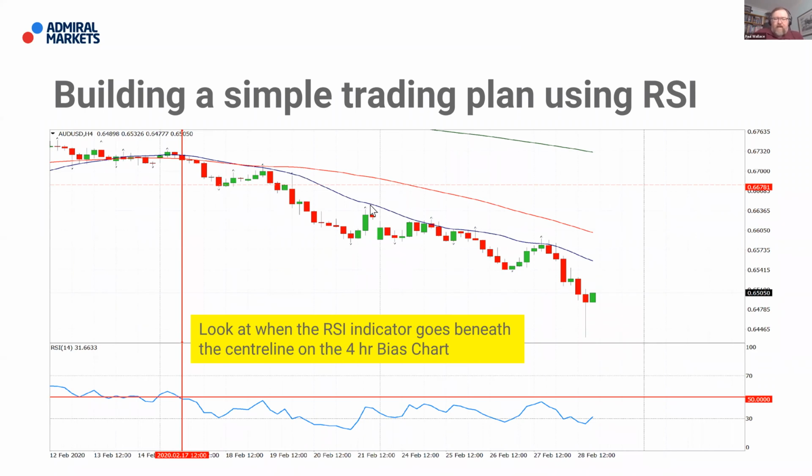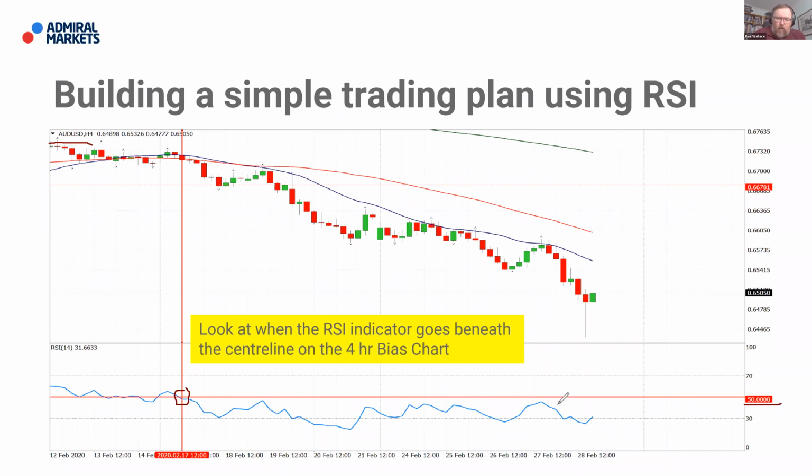So, as I said, here it is Aussie dollar. This is the 4-hour chart. Let's draw in some tools. Aussie dollar 4-hour chart, and this is going to be our trend direction chart. What we can see here is that the RSI, the indicator, has dipped beneath our 50. So we know that we're looking to have a bearish mentality, we're looking to be sellers.